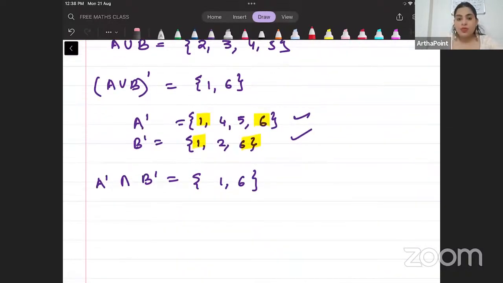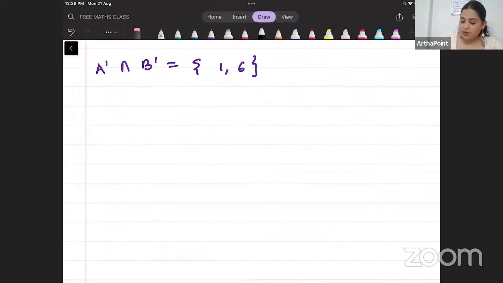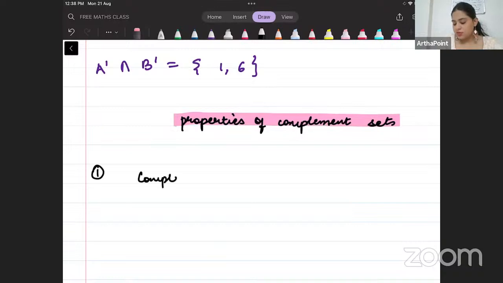Okay. Now I want to go ahead and write all the properties of complement sets. Okay, beta. The first property is called the complement laws.